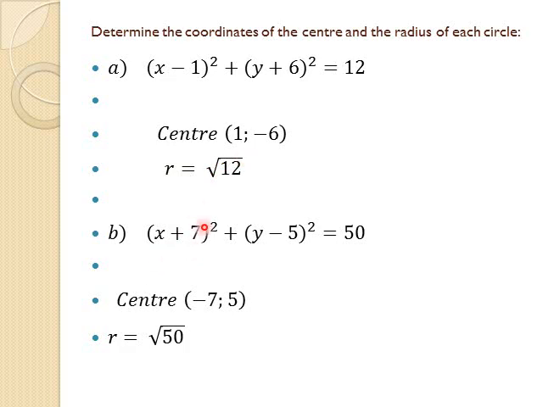Say (x + 7)² + (y - 5)² = 50. Then my center: plus 7 becomes minus 7, minus 5 becomes plus 5. The radius is simply the square root of r squared, so r equals square root 50. That's just to show you how we get the center and the radius.